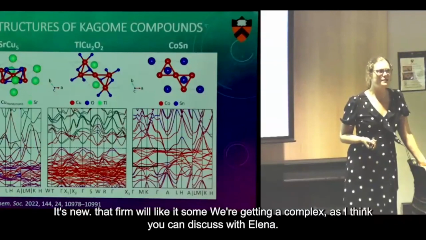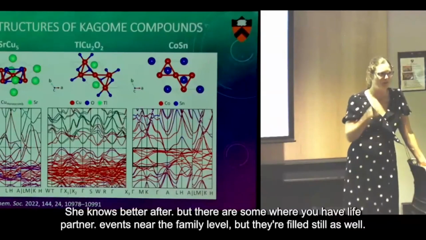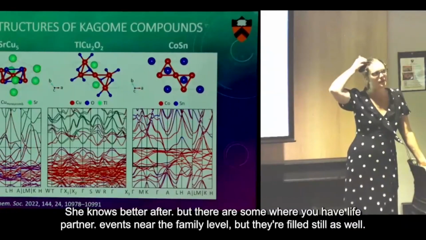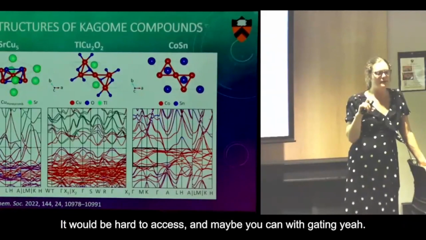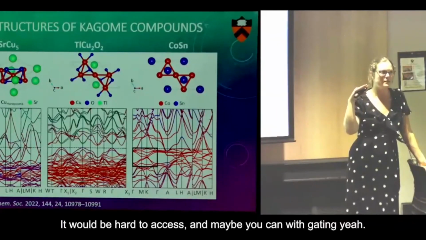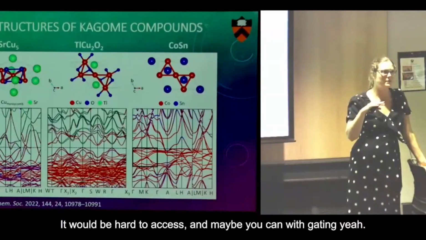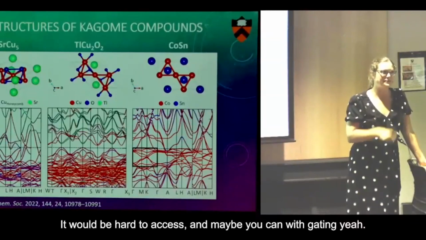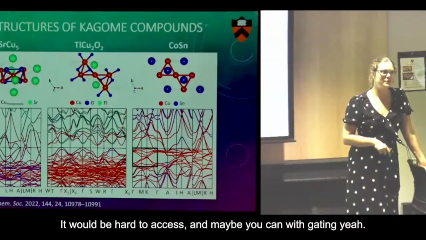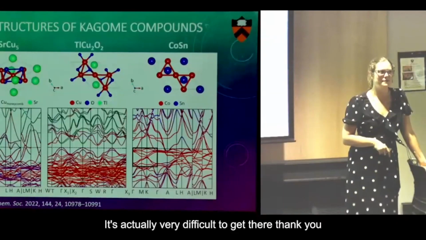And then there are some in organic complexes where it's near the Fermi level. I think you can discuss with Milena, she knows better, but there are some where you have nice Kagome bands near the Fermi level, but they're still filled, so it would be hard to access them. Maybe you can with gating, but it's actually very difficult. Thank you.